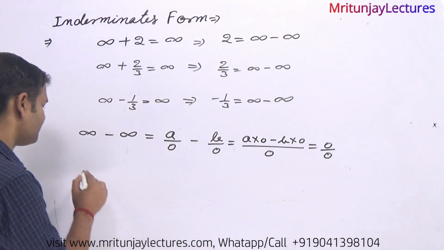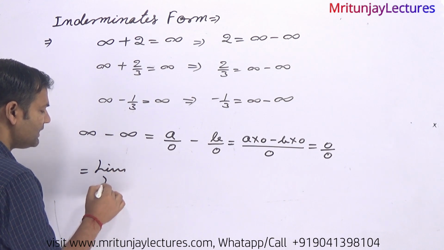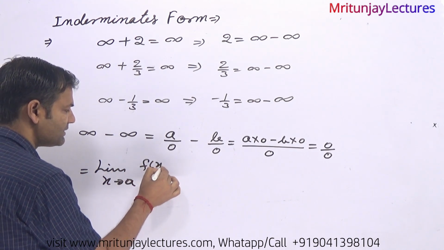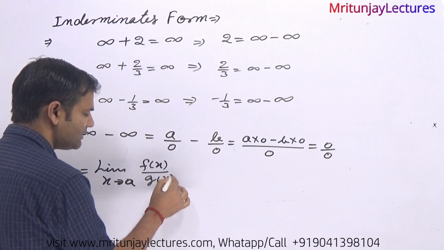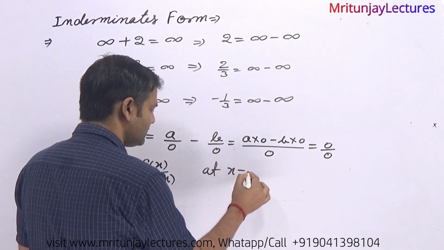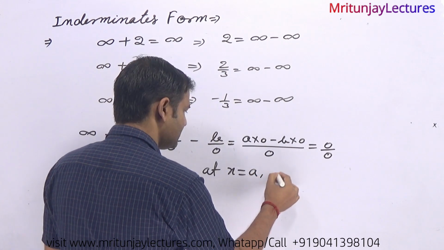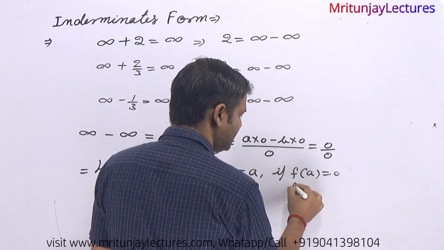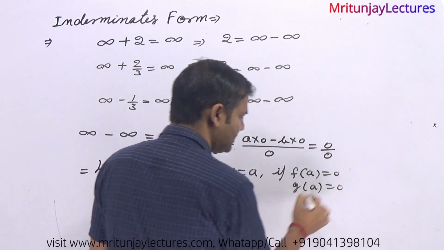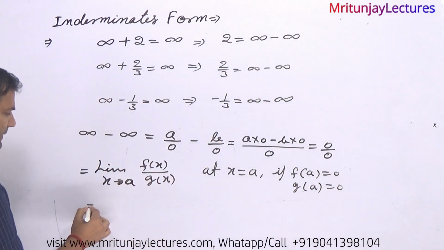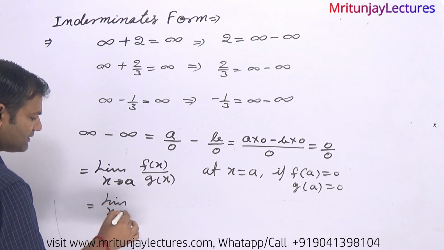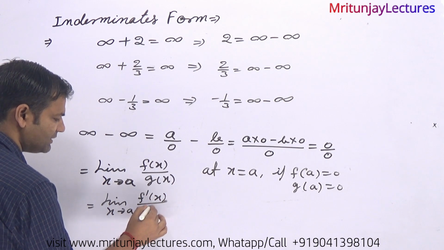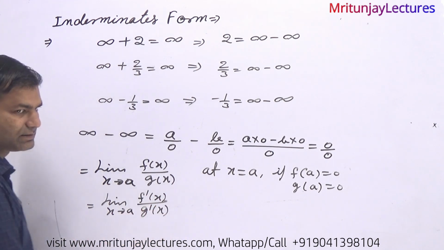Suppose that in the limit as x tends to a, with f of x in the numerator and g of x in the denominator, we get f of a equal to 0 and g of a also 0. Then differentiate both with respect to x, giving f prime of x and g prime of x.